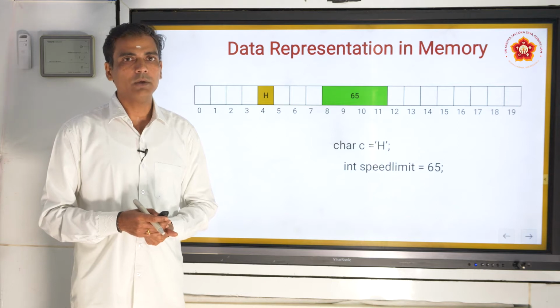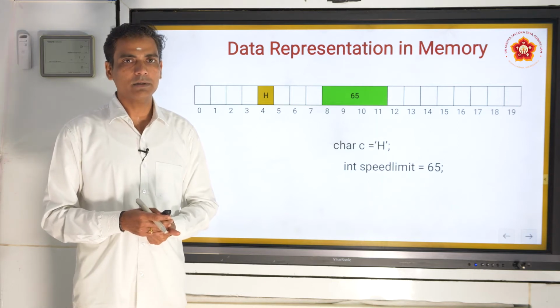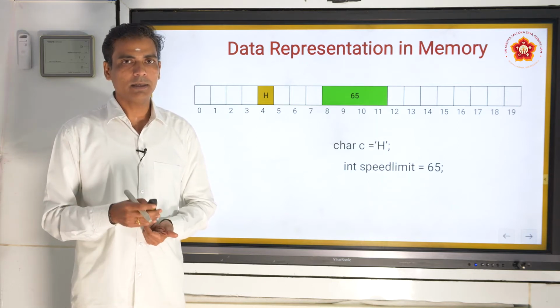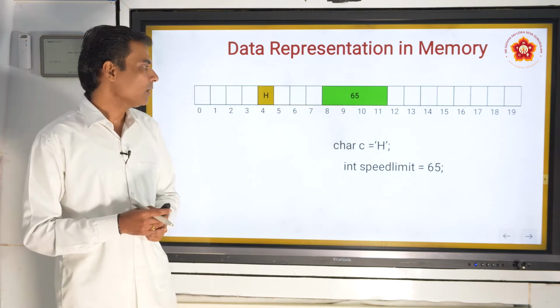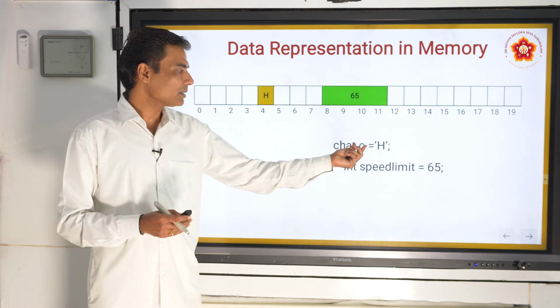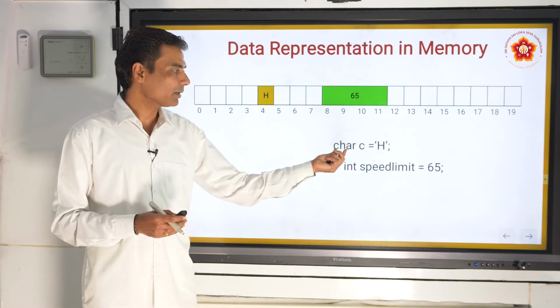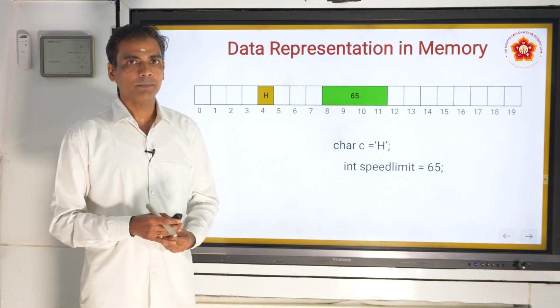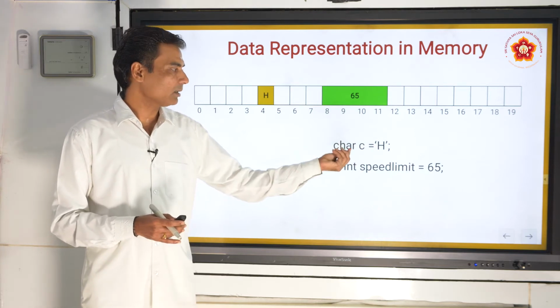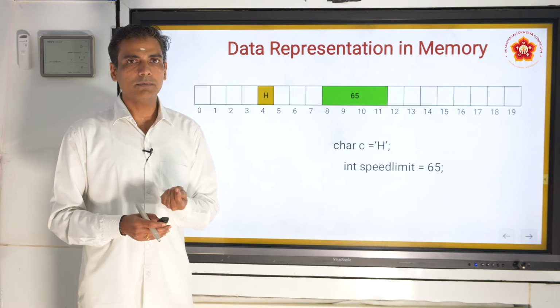But actually the addresses of memory cells will be represented in hexadecimal form. So it is just for the sake of our understanding. When we declare a variable c, which is of type char, and assign a value h to it, a character variable takes only one character value.